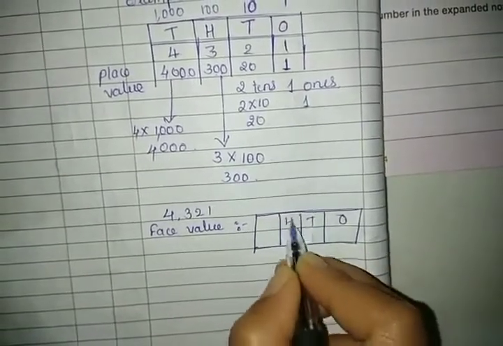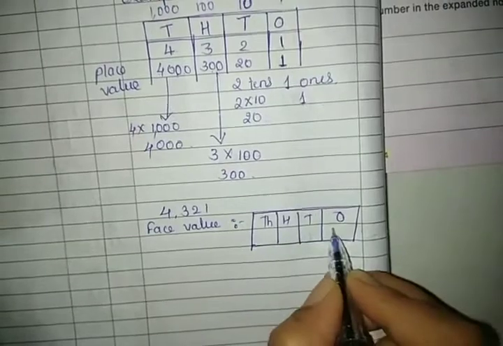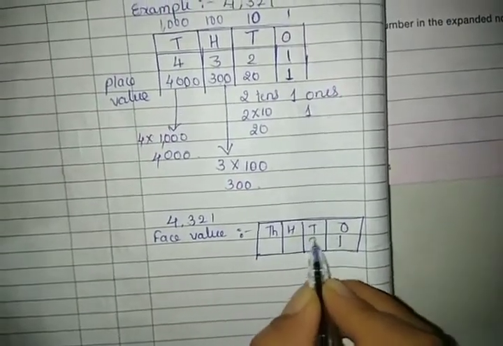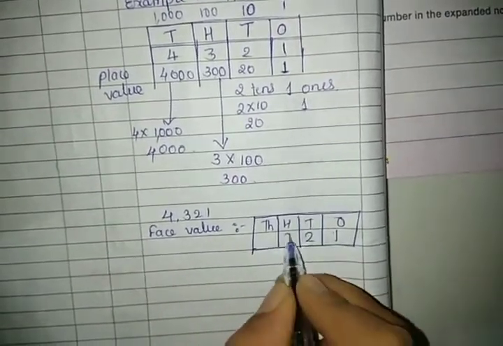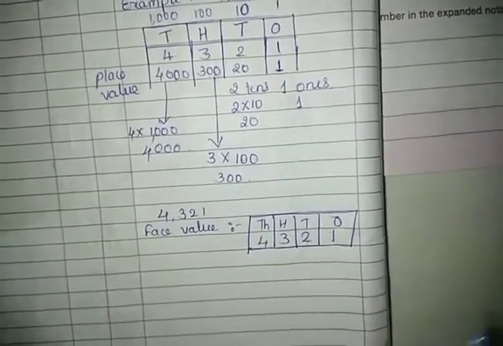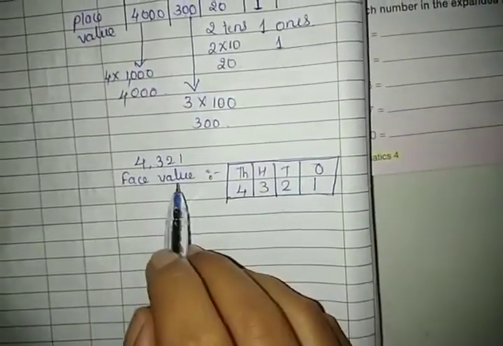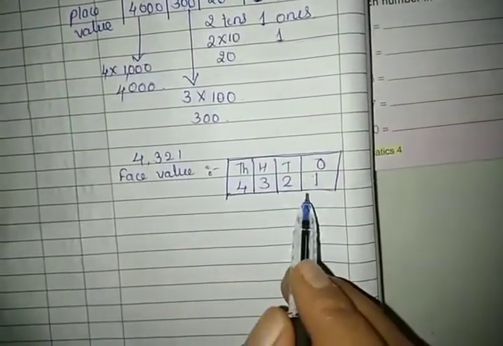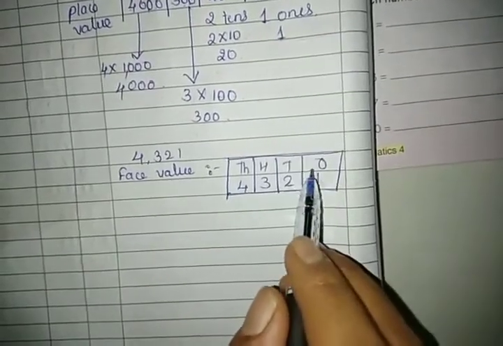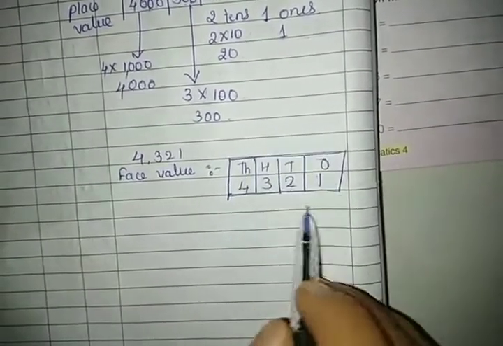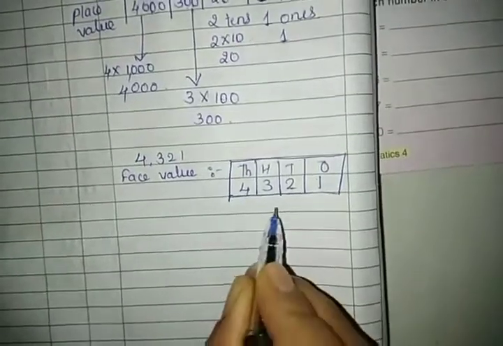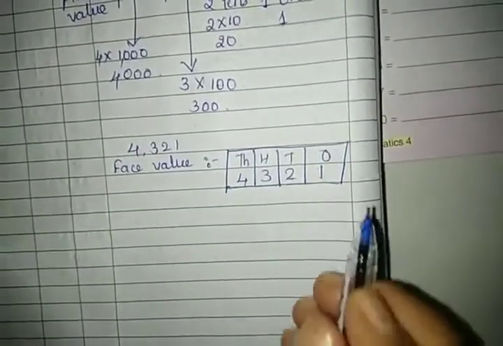Ones, tens, hundred, thousand. Ones place 1 is there, tens place 2, hundred place 3, and thousand place 4 is there. So the face value of any digit in any place of this place value chart remains the same. The face value always remains the same.